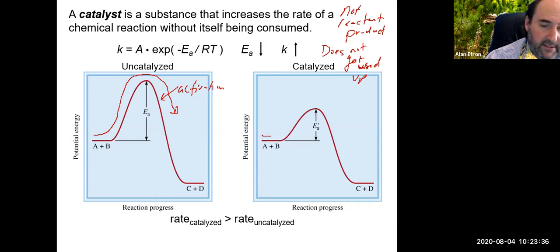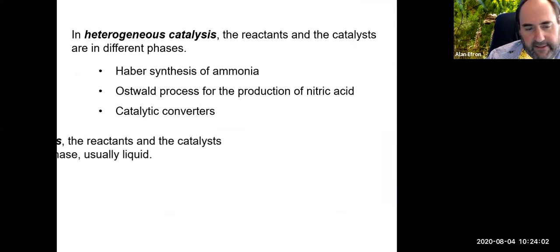So these guys only need to get up here to get to the other side. They're going to be able to do that obviously a lot quicker because it lowered that activation energy. Again, as the activation energy lowers, as the E of A goes down, the rate constant, or the rate of the reaction, will increase. And that's typically what we see. Now, when we talk about catalysts, there's a couple different types of catalysts.